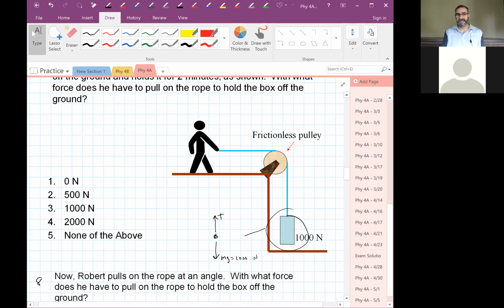No, it's just hanging there. That means the acceleration is 0. So sum of the forces equals ma. The sum of the forces is 0. So the tension has to equal 1,000 newtons. That means that the tension is the same everywhere in that rope. And the force over here has to be 1,000 newtons.